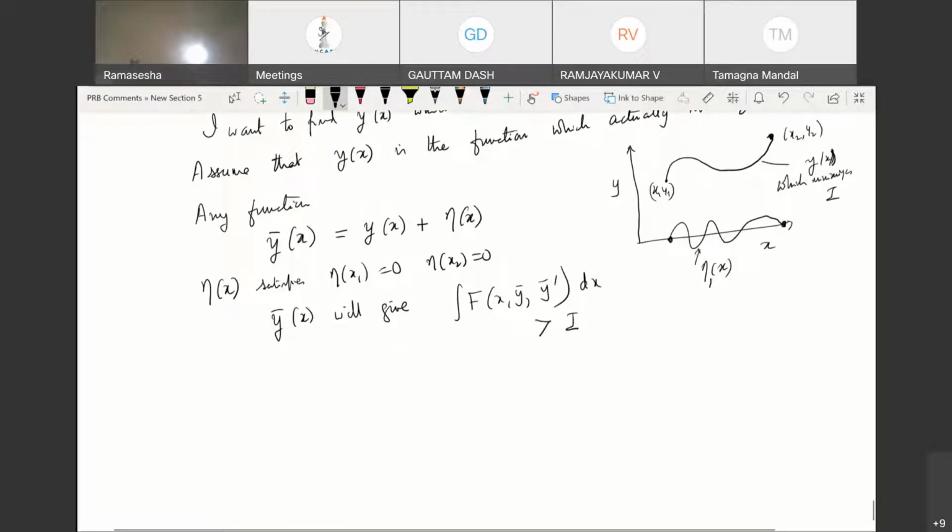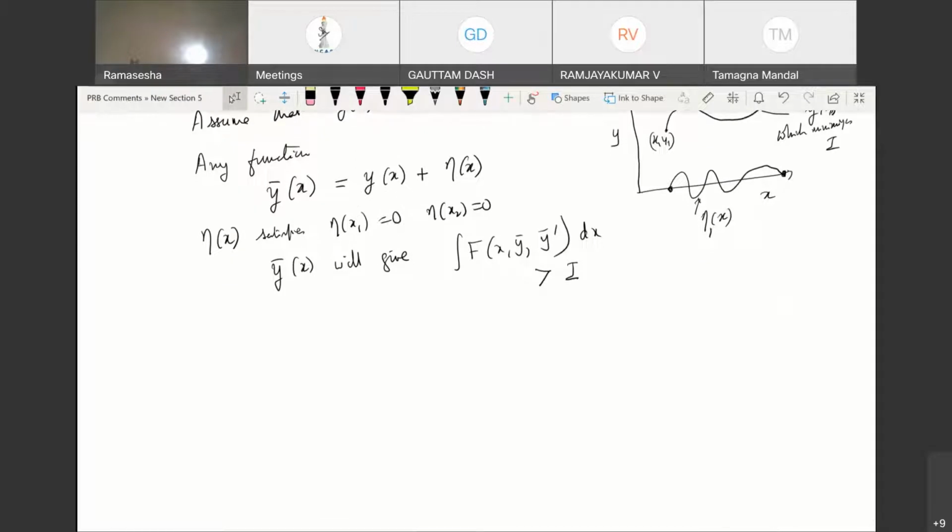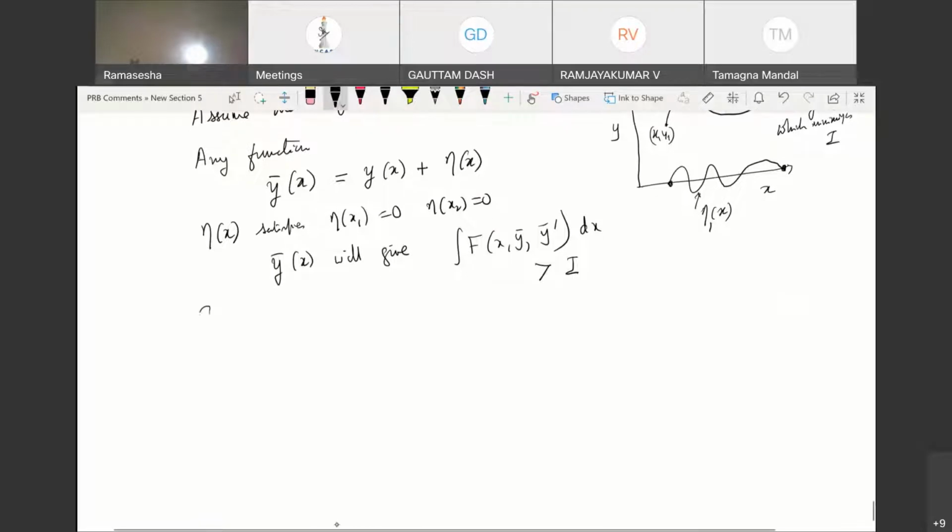So if I want to look at just slight variations around y of x, then what I have is the following. I can take a small variation of the function, which can be written as y of x plus epsilon eta of x.